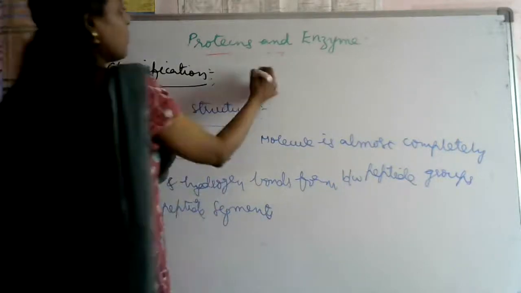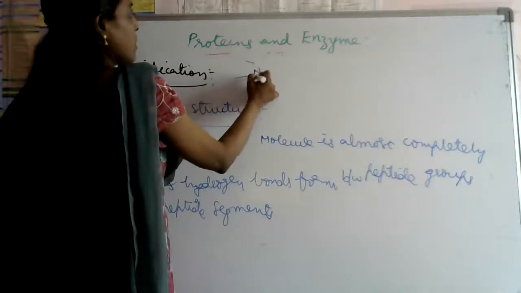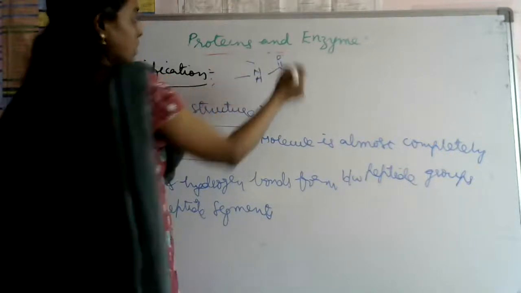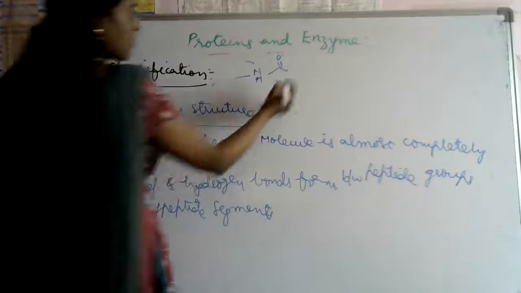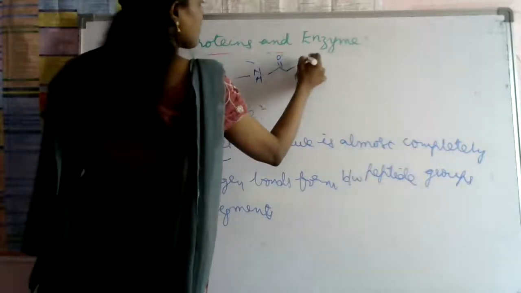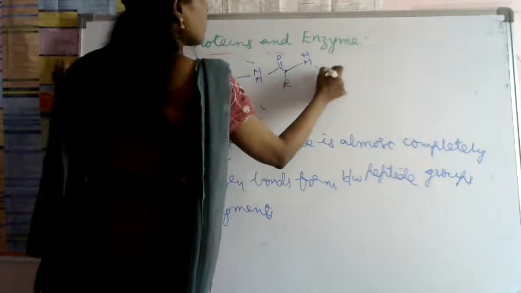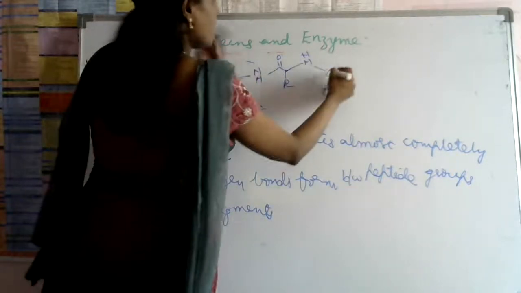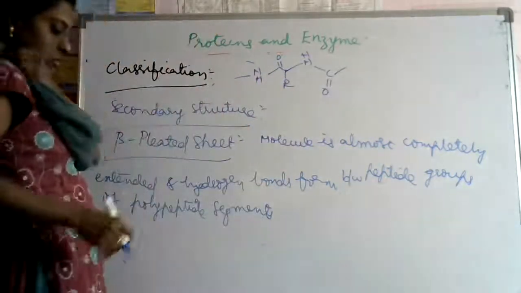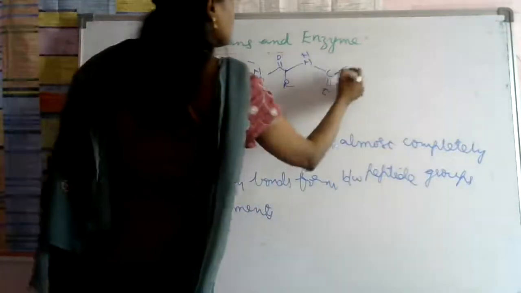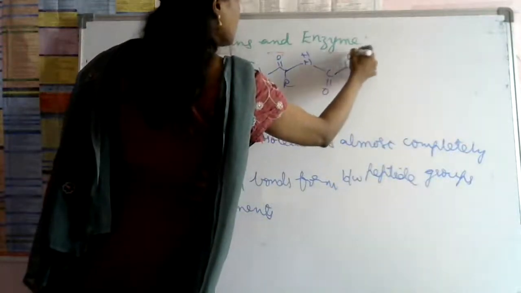So we have to write this. This is one. Some R group will be there. I am mentioning the peptide bond between this one. I am writing R2 is there.